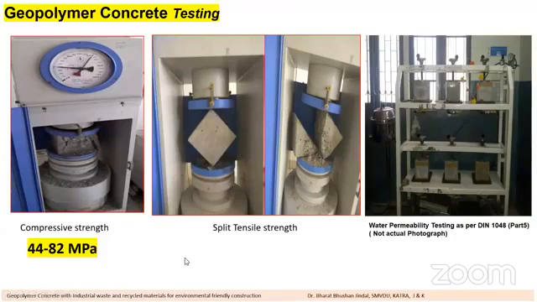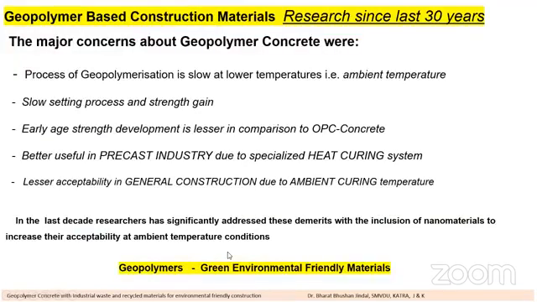That means we have developed 82 MPa strength concrete in our own laboratory. So no need to worry, no need to have any wrong perception. You can believe that geopolymer concrete is much better as compared to conventional concrete.